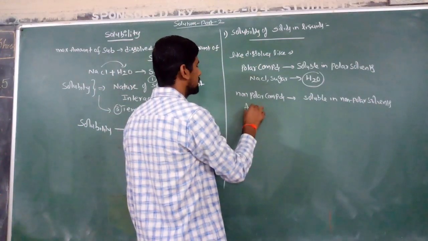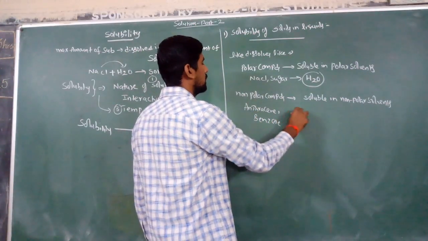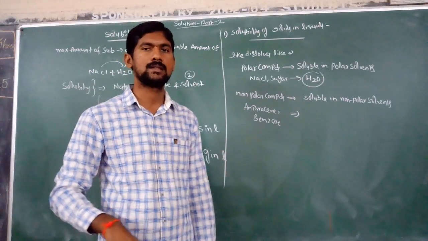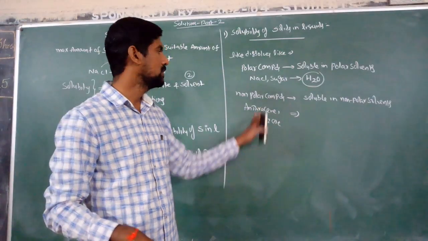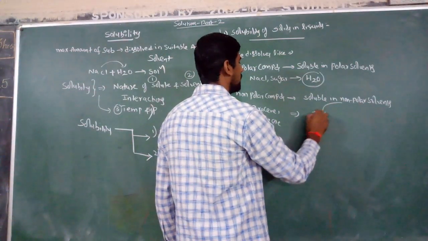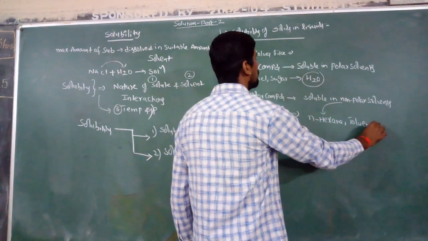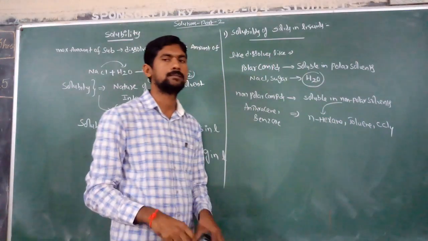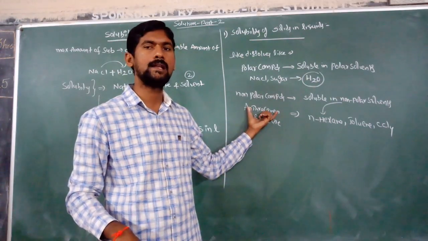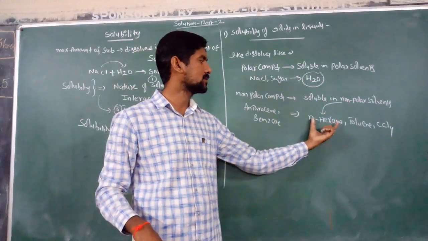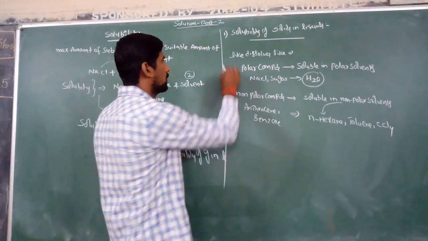Non-polar compounds, for example, anthracene and benzene, are hydrocarbons. Generally, hydrocarbons are non-polar in nature. So these non-polar compounds are soluble in non-polar solvents like n-hexane, toluene, carbon tetrachloride, etc. So like dissolves like.